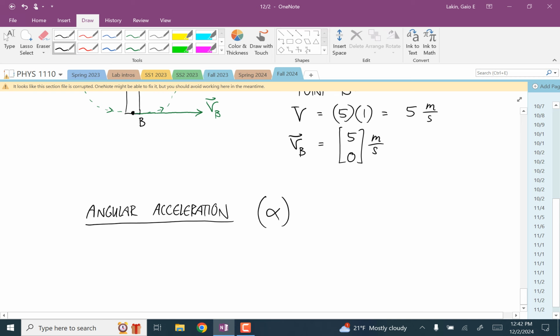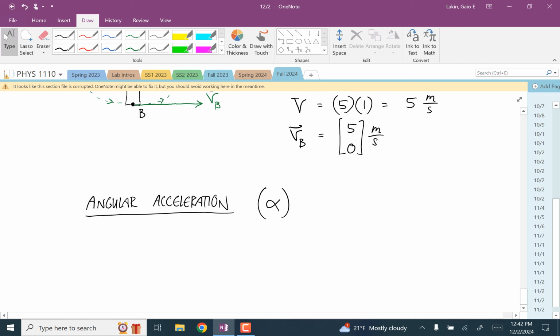It looks like an A, you know, or a goldfish. And the angular acceleration is the rate at which the angular velocity is changing.